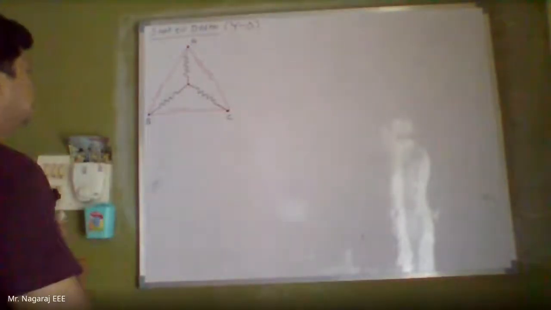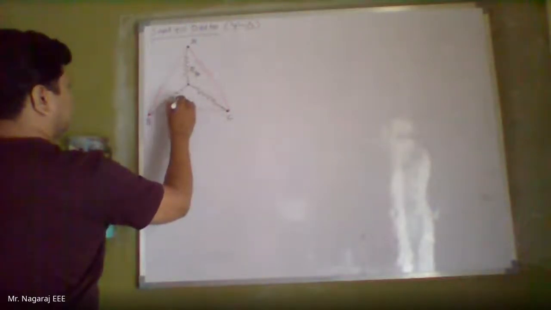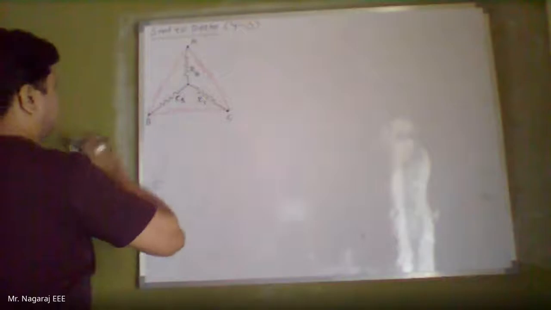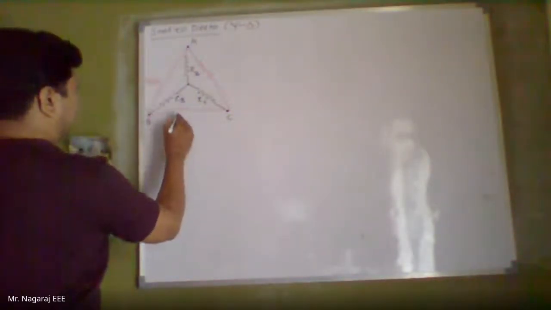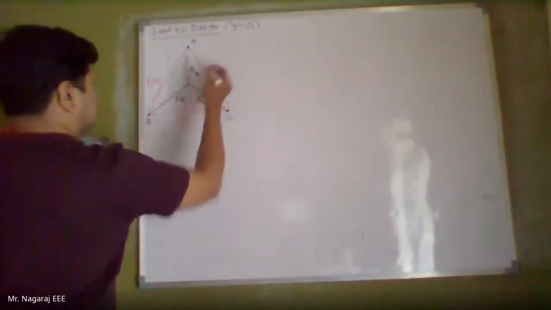So these are RA, RB and RC, and the equivalent RAB, RBC and RCA.